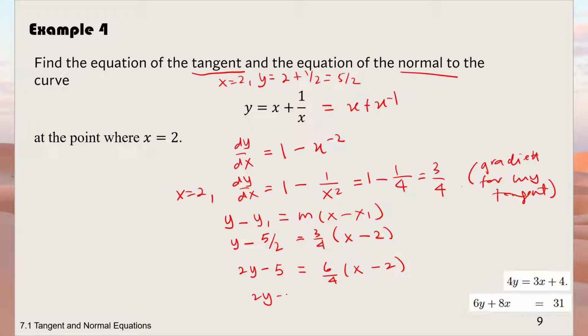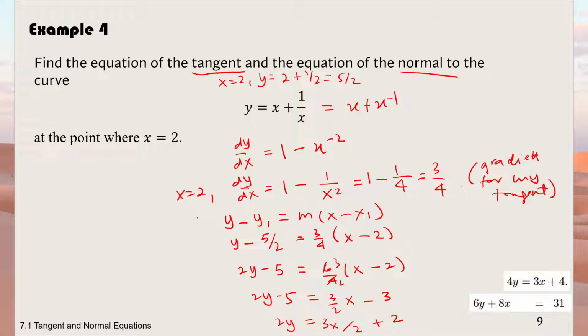So 2y minus 5, this one is 3, so you have 3 over 2 x minus 3. Finally 2y equals 3x over 2, and then plus 2. If you want, you can write 4y equals 3x plus 4. So this is the equation for your tangent.